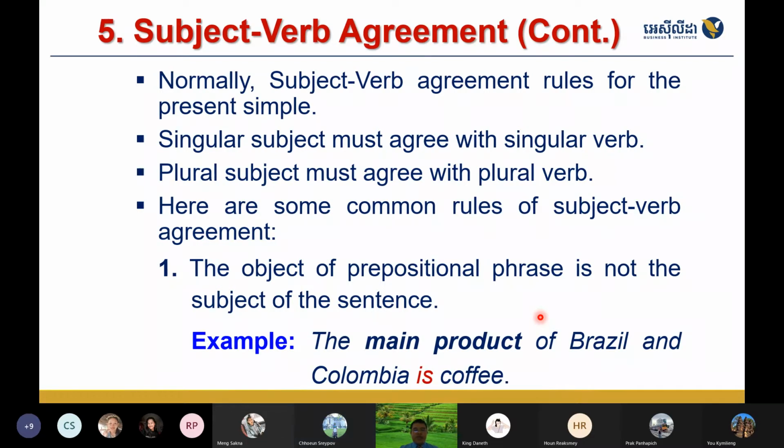So when you talk about subject verb agreement, it means the verb and subject must agree together. If the subject is singular, the verb must be singular. If the subject is plural, the verb must be plural. So this is the definition of subject verb agreement. Okay.